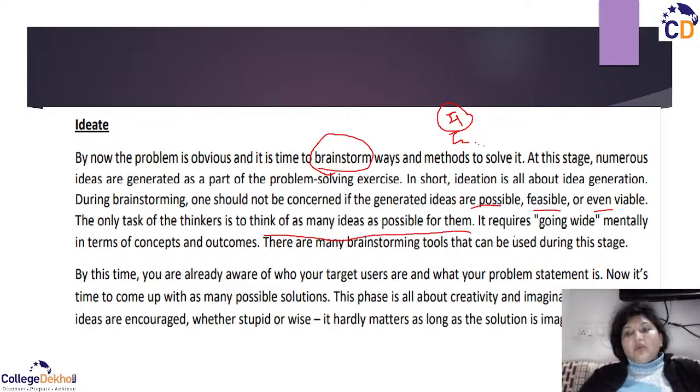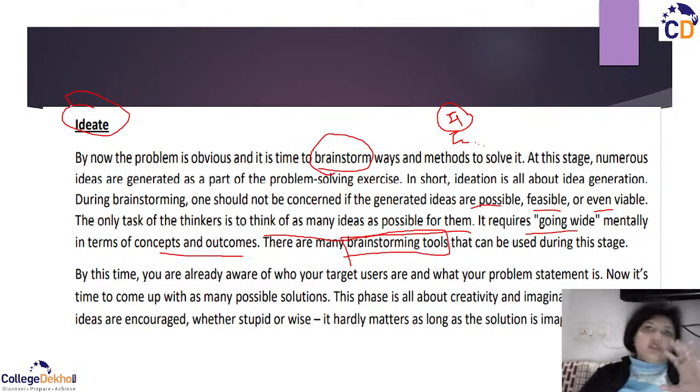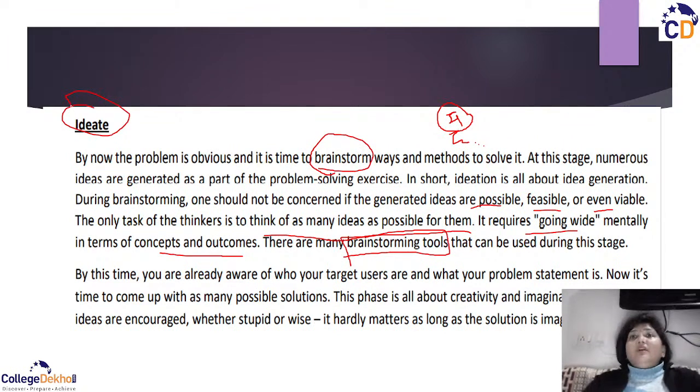It requires going wide mentally in terms of concepts and outcomes. So there are many brainstorming tools through which you can generate the ideas, right? In this phase we are going to use a number of methods and tools to generate different ideas so that the developer is able to solve that particular problem.